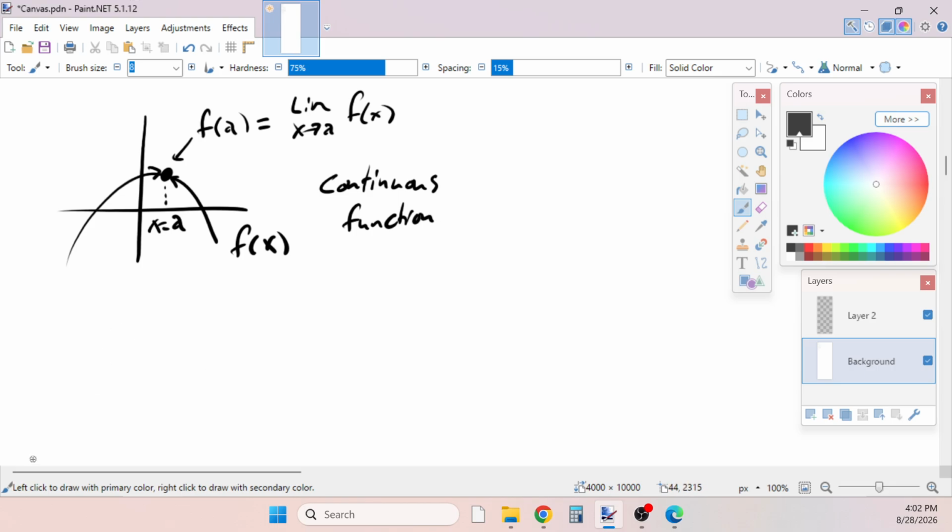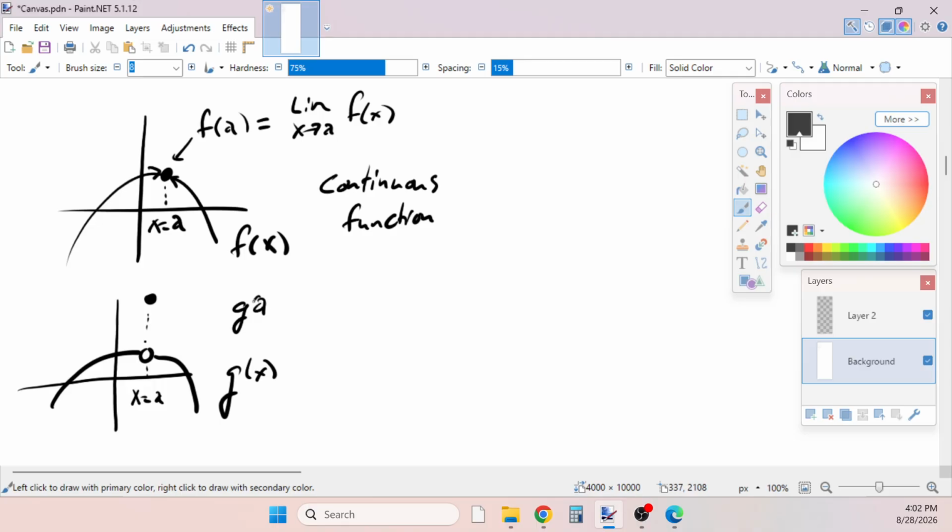For discontinuous functions, we might have something that looks like this. This might also be the point x = a. So in this case, g of a is this value.